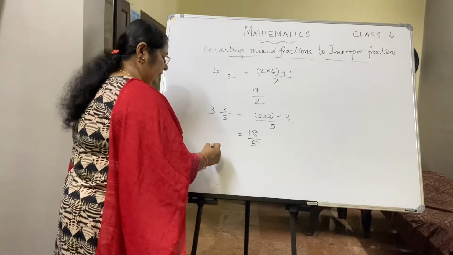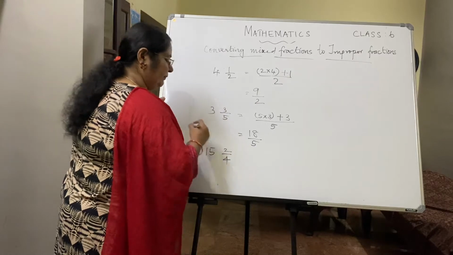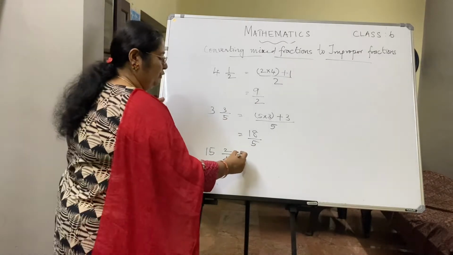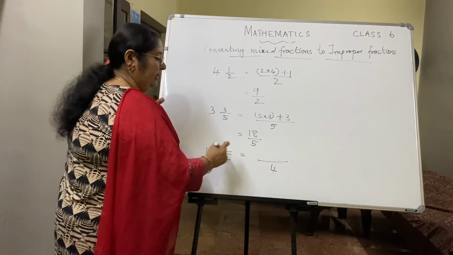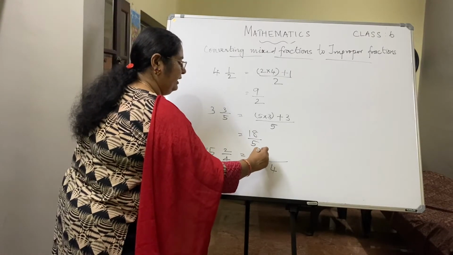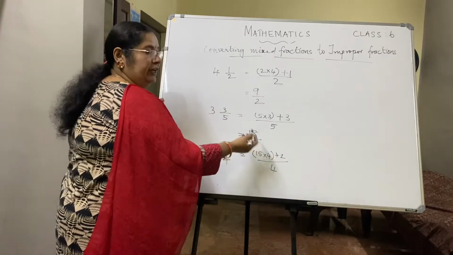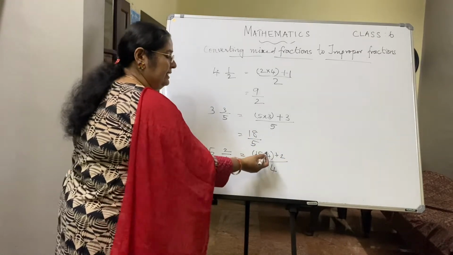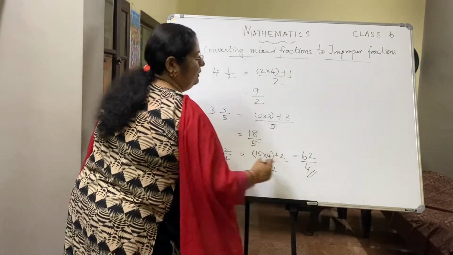One more example we'll take, say 15 2 by 4. 15 and 2 by 4. What will you do? The denominator will be 4. The numerator will be 15 into 4 plus 2. 15 4s are 60. 60 plus 2, 62 by 4.